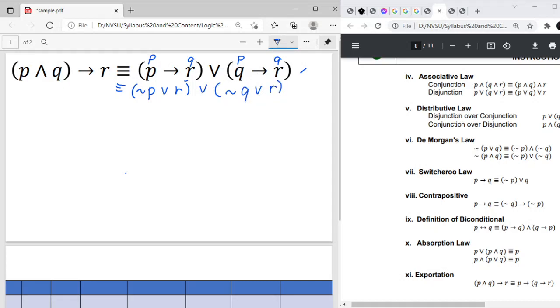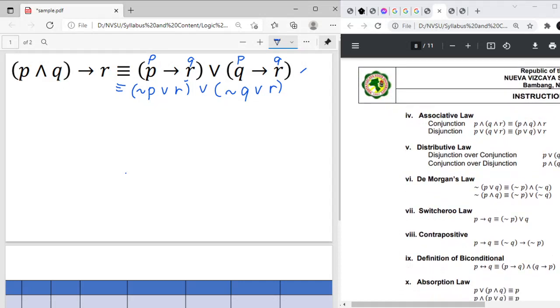Next, after natin maipakita using switcheroo law, pwede tayong mamili ulit ng law na pwede nating gamitin. So for example, by associative law, just like for properties of equation, pag associative law, we are speaking of the grouping. So grouping ng mga parentheses natin. For example, mag-regroup tayo ng expressions natin dyan.